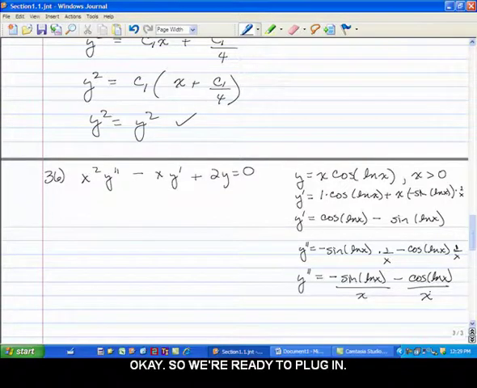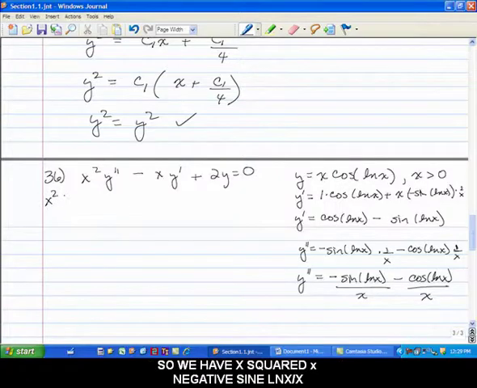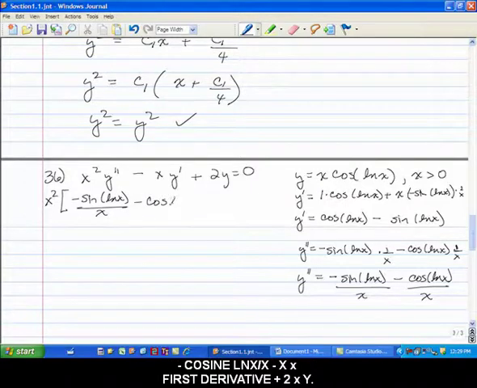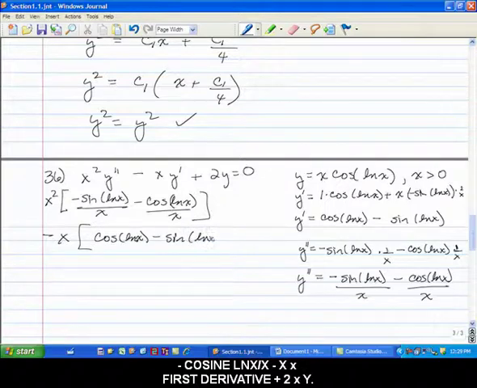Okay, so we're ready to plug in. So we have x squared times negative sine ln x over x minus the cosine ln x over x, minus x times the first derivative, plus 2 times y.